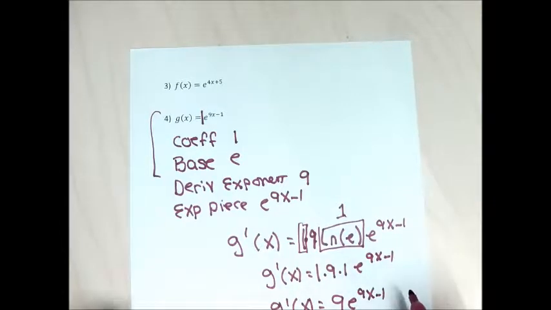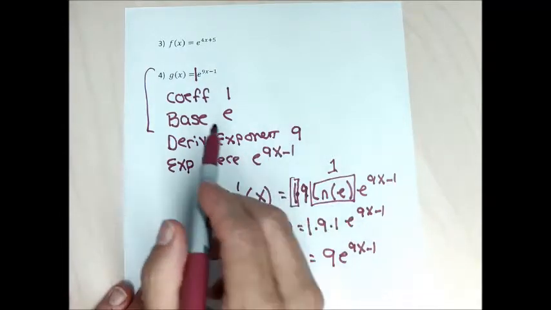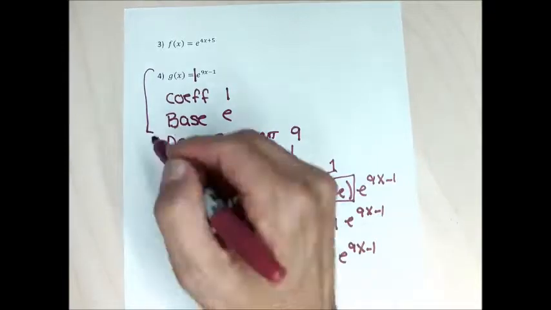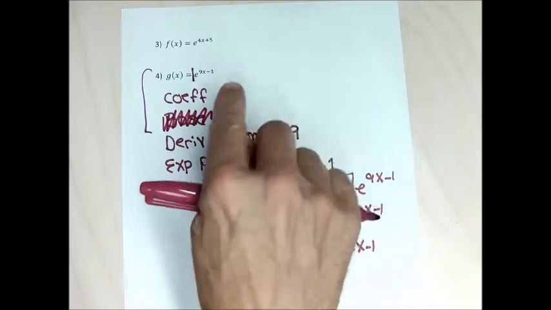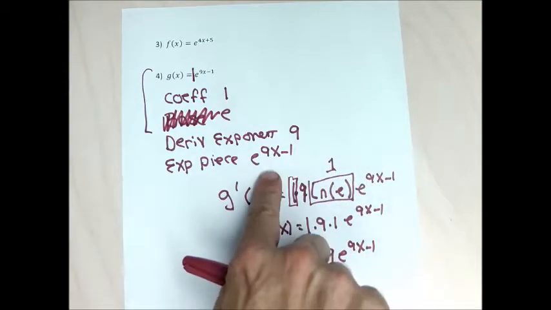So real quickly, when we're doing derivatives with e's, I'm not going to worry about doing the natural log of the base piece because it's going to be equal to 1. So when I go to do the derivative of an e, I'm just going to go coefficient times derivative of the exponent times the exponential piece.